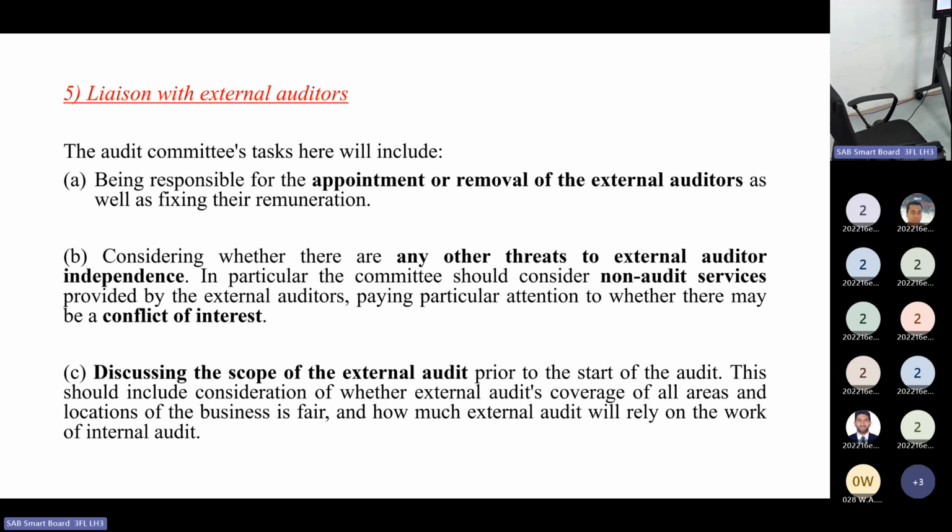Or very particularly, you have to look at whether there is any conflict of interest. Because when they are doing non-audit services, they have a personal interest in the company. Non-audit service, personal interest there. The external auditors are to be true and fair, obviously.